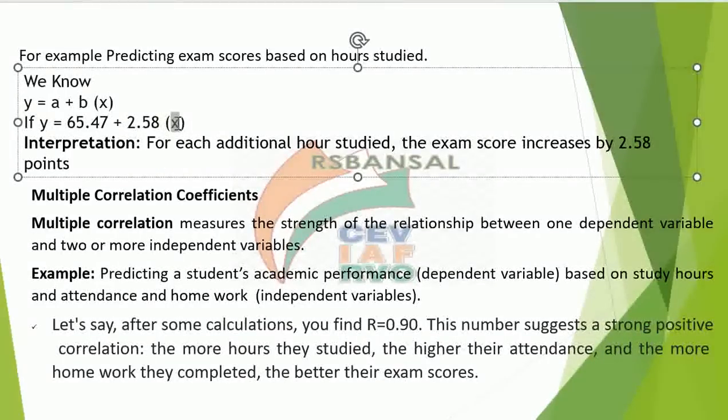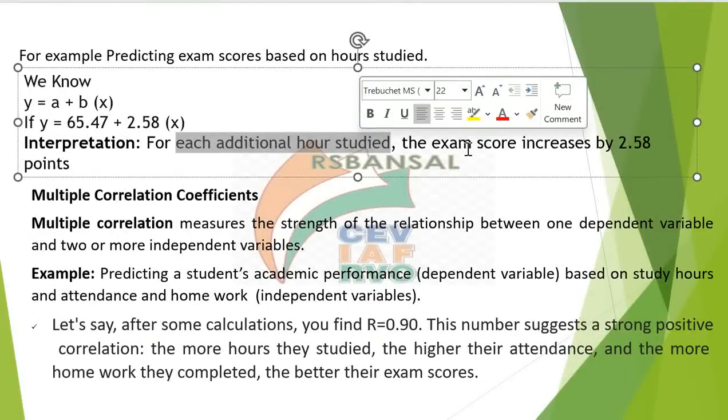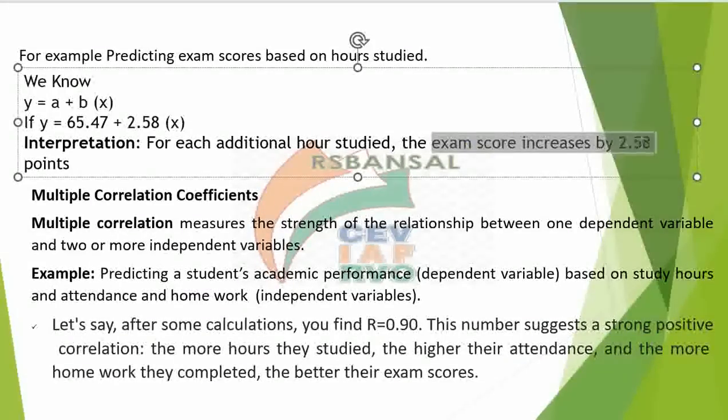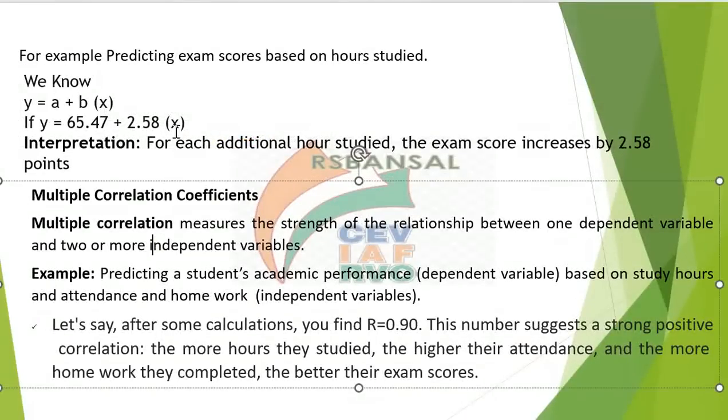It shows that for each additional hour of study, the exam score increases by 2.58 points. It means that if the value of x is 1, let us say the value is z, then if x is 2, it will be z plus 2.58. It will increase by an amount of 2.58.